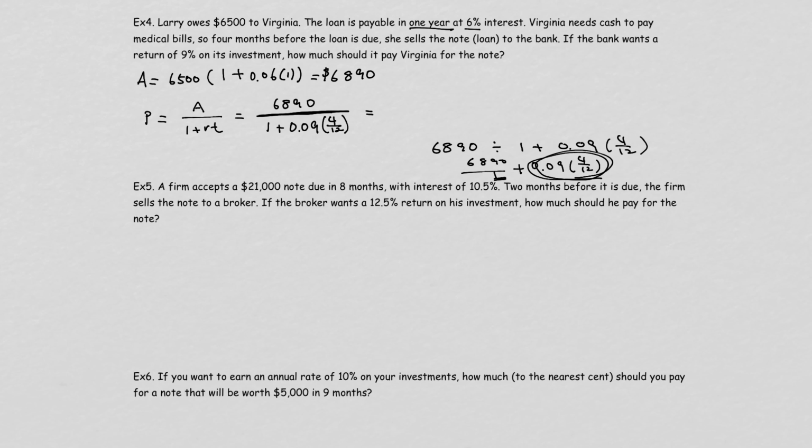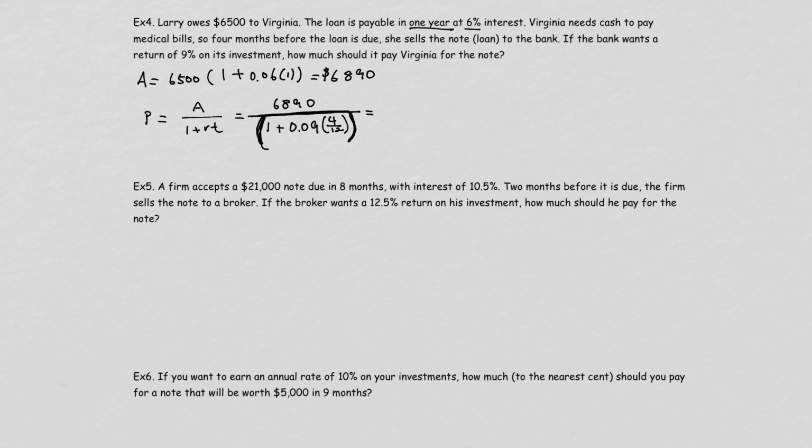So let me erase this. In that case, what do you do? Well, you need to make sure you put another parenthesis around here. So when you're plugging this value into the calculator, your calculator has to know all the values inside of the first parenthesis are under the denominator, right?